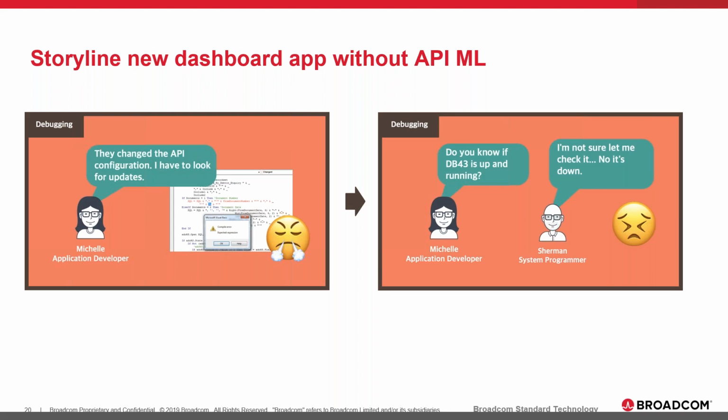The developer, not knowing the cause, would go to the system admin again, and I'm repeating myself, but they're going to be out of sync, and they have to spend additional time to sync up.